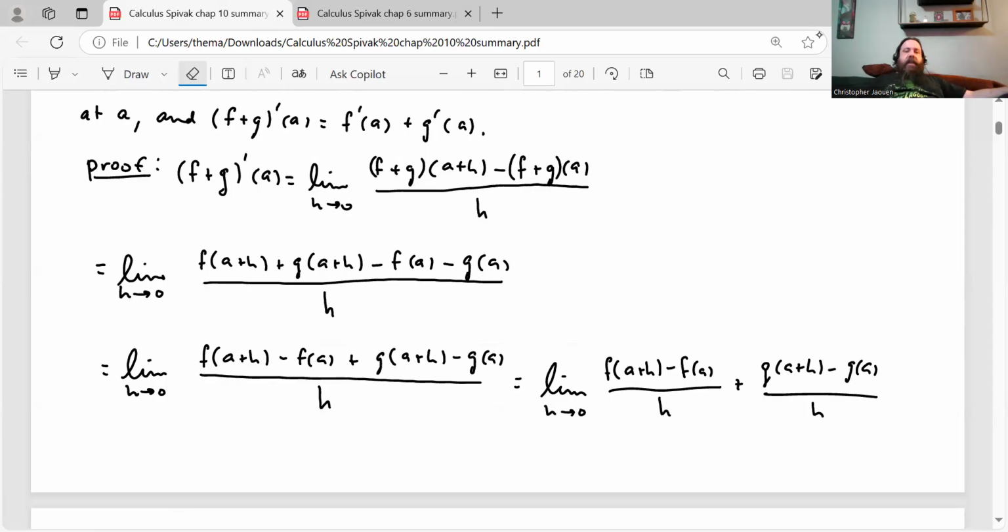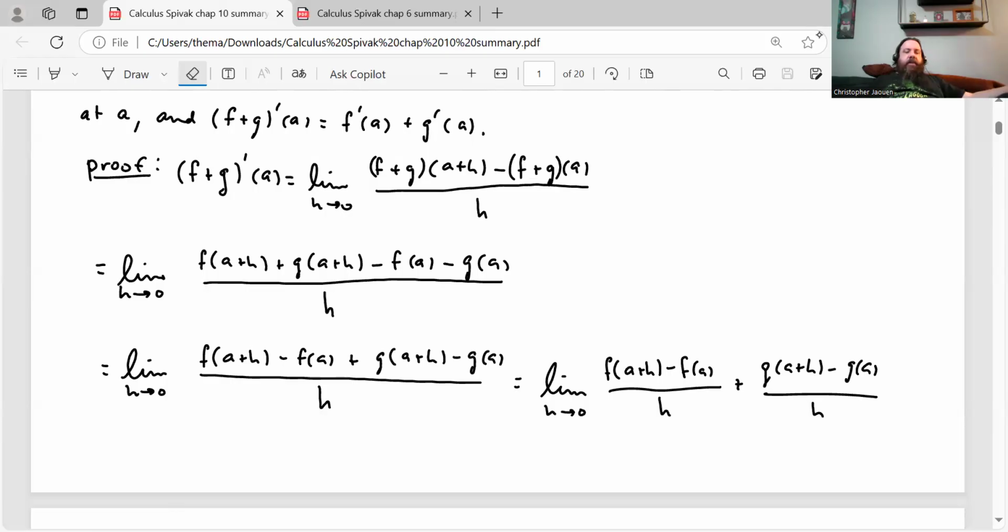F plus g prime of a is the limit as h goes to 0 of f plus g of a plus h minus f plus g of a, all divided by h, which is the same thing as limit as h goes to 0 of f of a plus h plus g of a plus h minus f of a minus g of a all over h. And then we could just rearrange some terms here.